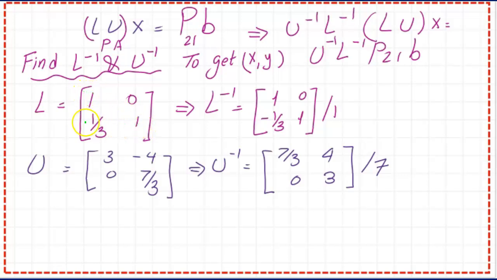There is no change, and we change the sign for the two other elements. So the inverse of matrix L, L minus 1, equals 1, 0, minus 1 over 3, and 1, all divided by the determinant, which is 1.